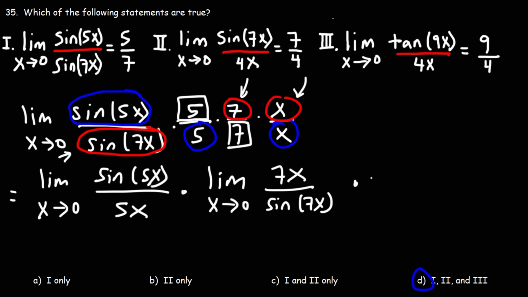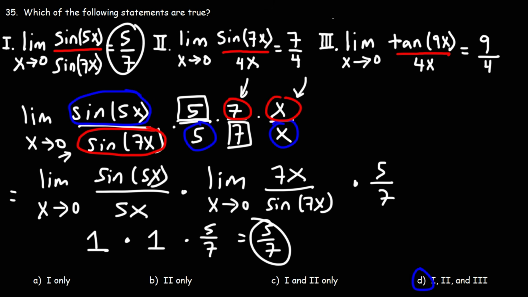So this is going to be times 5 over 7. Now we know the limit as x approaches 0 for sine 5x over 5x is going to be 1, based on the limit formula we talked about earlier. 7x over sine 7x will be 1 as well. And then it's going to be times 5 over 7, and that will give us 5 over 7. So that verifies that statement 1 is indeed correct.